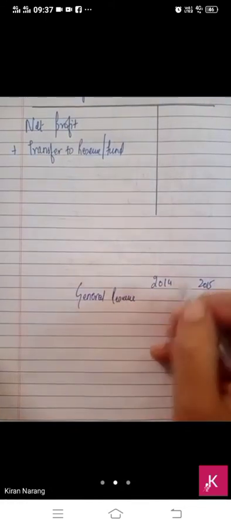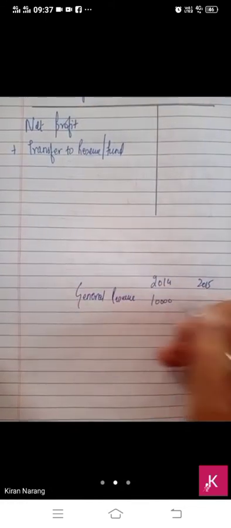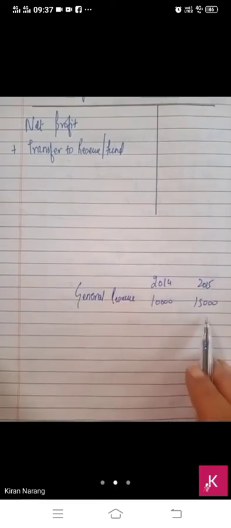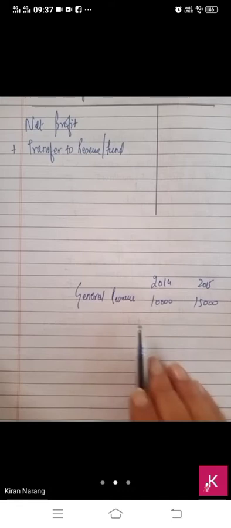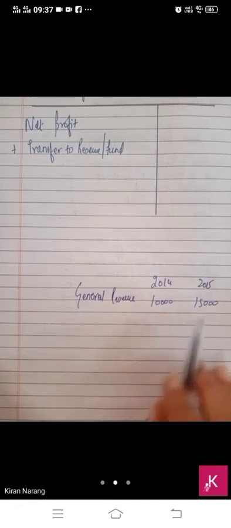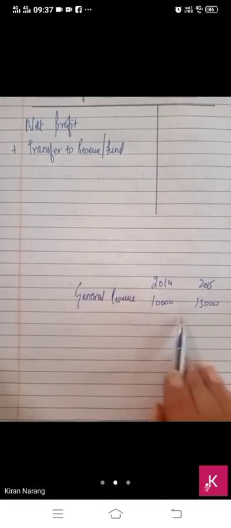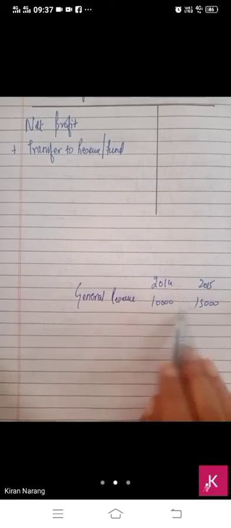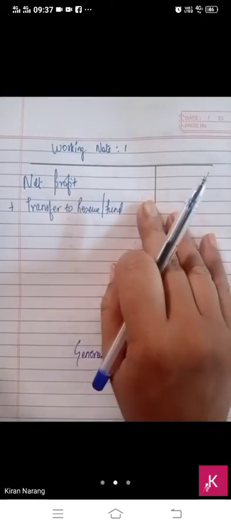Suppose 10,000 it was in the beginning and now it is 15,000. So you have transferred something to the reserve from the profit of the year. How much? 5,000. Always take the difference in this chapter. So this gap is 5,000, general reserve. Here you will write transfer to reserve 5,000.